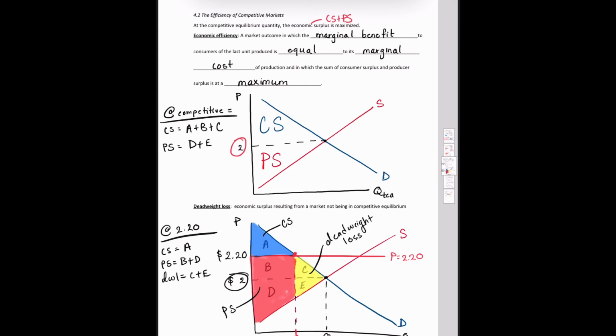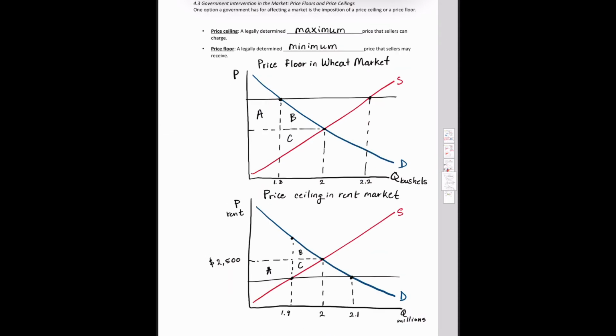So let's go ahead and move on and talk about price ceilings and price floors. Government intervention in the market: price ceilings and price floors. This is one option a government has for impacting the market.